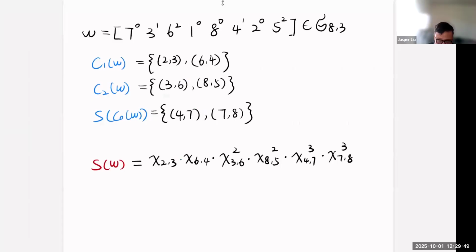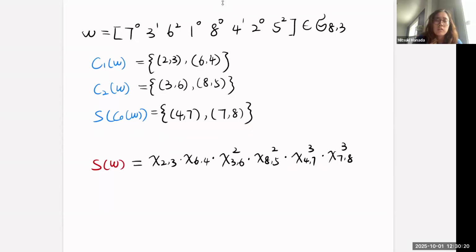Now, as you see, I just omitted the color 0 part and replaced it with this shadow set. And I will take a monomial that records the color 1 part, that records the color 2 part with a square. And eventually, when I reach the shadow set of the color 0 part, I will record it and modify it with an R's power.